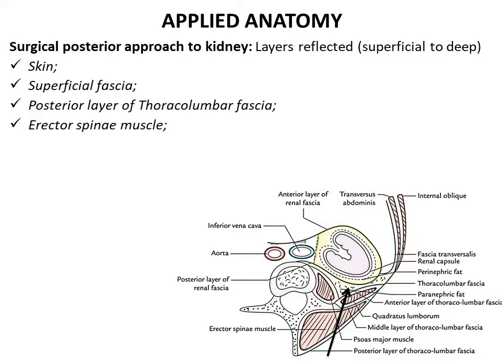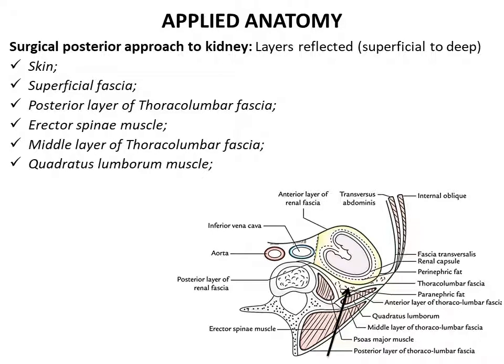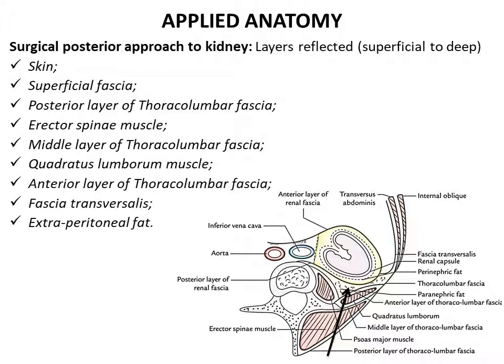Most superficial lies the posterior layer of thoracolumbar fascia, deep to it the erector spinae muscle. Then the middle layer of thoracolumbar fascia, and deep to it the quadratus lumborum muscle. And finally, the anterior layer of thoracolumbar fascia, deep to it lies the fascia transversalis, and then we reach the extraperitoneal fat or the pararenal fat.